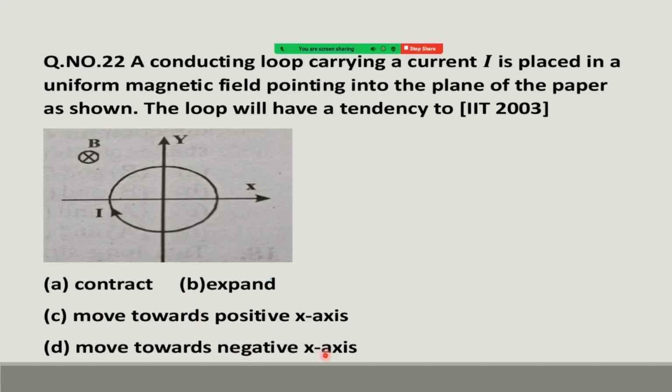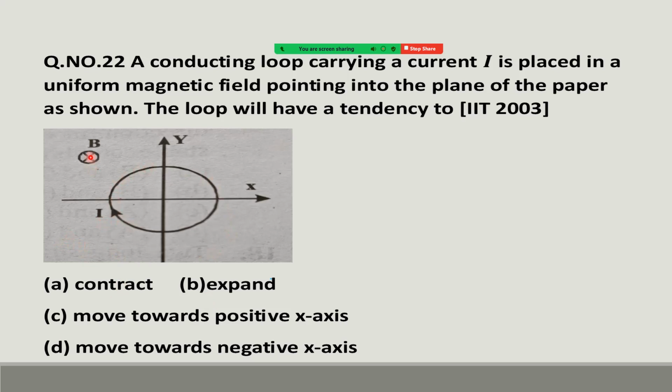So here first thing we have to focus on, it is placed in a uniform magnetic field. So when a conducting loop is placed in a uniform magnetic field, net force equals 0. That means options C and D are not correct, because net force 0 means it does not move. Now we have to focus on options A and B. Let us see how to verify. It is given clockwise.